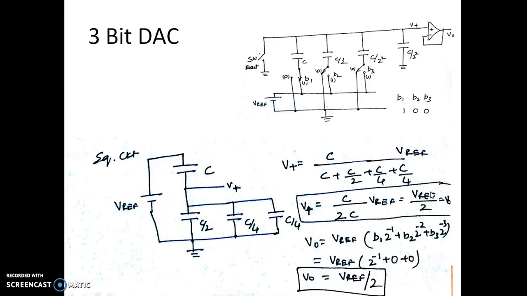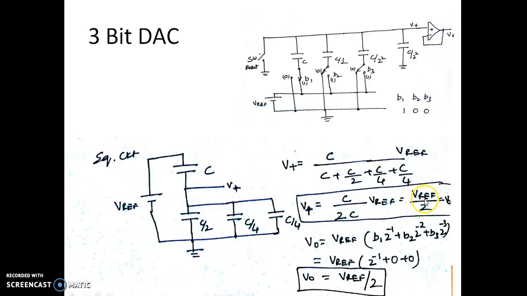We know that always the contribution of the MSB is half of the reference voltage. So since it is only 100, we have the output voltage as V reference by 2, which is V plus here. Since it's the voltage follower, whatever is the voltage at V plus, in this particular case it is V reference by 2. The same thing will be available at V naught.